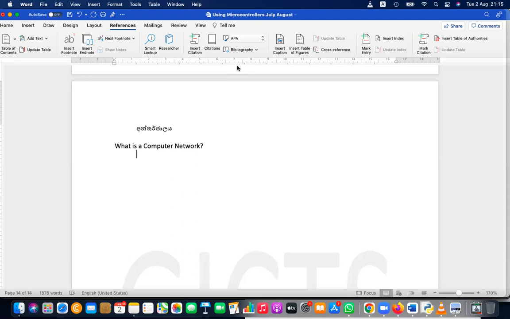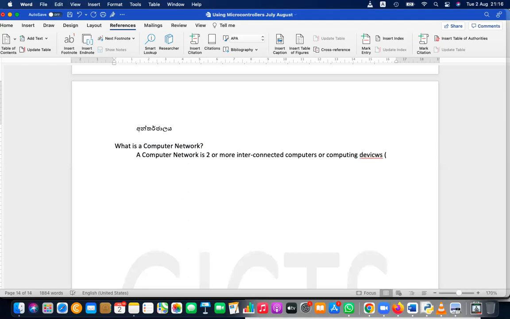So all are resources. Okay, please write down the definition. A computer network is two or more interconnected computers or computing devices.